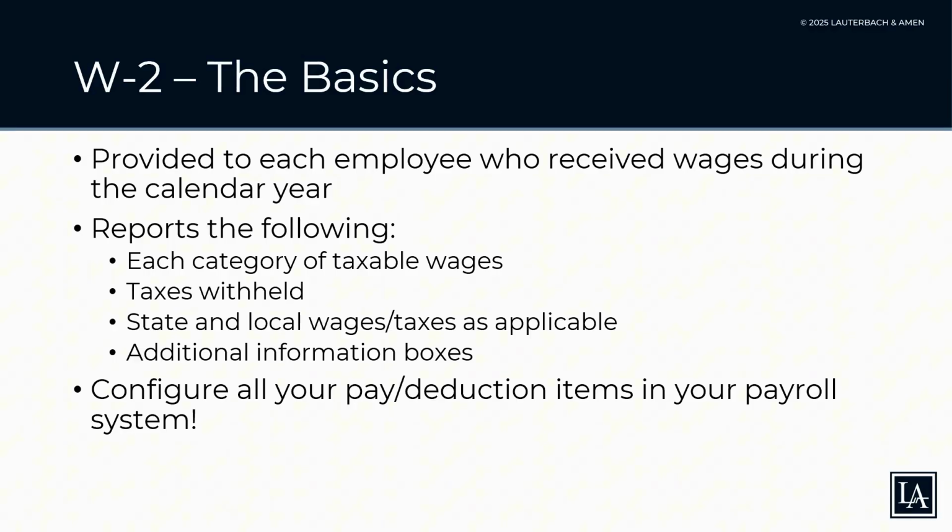The basics for our W-2s: they're calendar year forms. We're issuing them to the people that we've paid, the employees, so not the vendors, but the employees that actually work for the entity, for their wages they got during the calendar year. It reports different categories of taxable wages, taxes withheld, and other deductions that you would put on that form, for that employee to then go file their taxes at the end of their year.